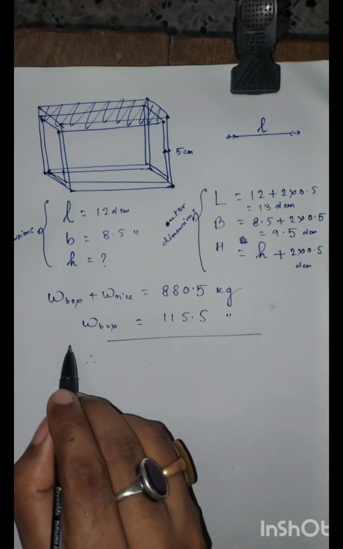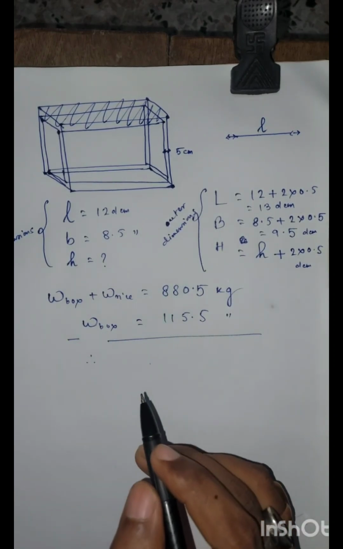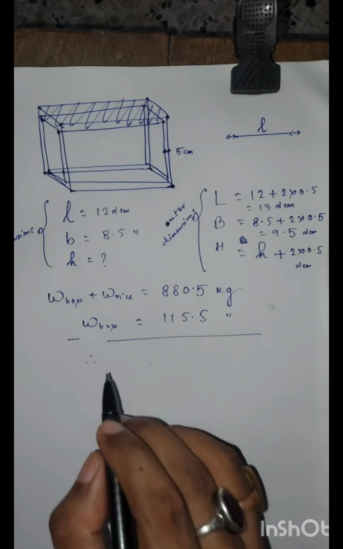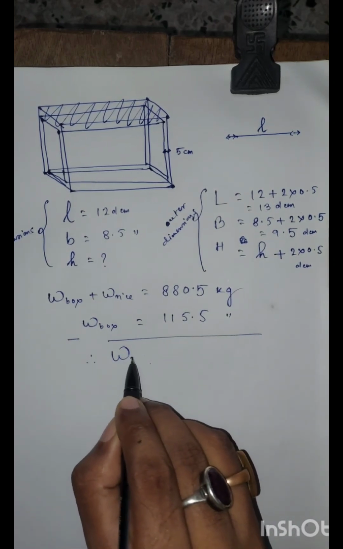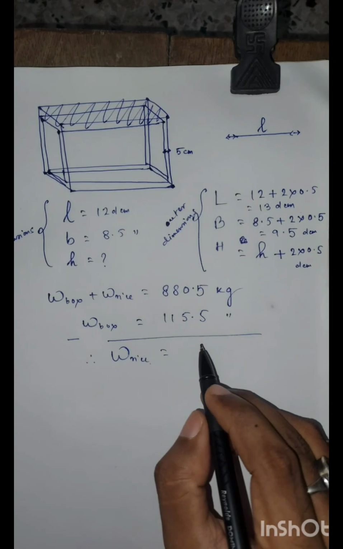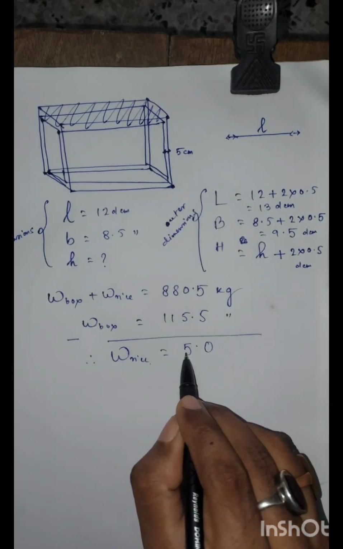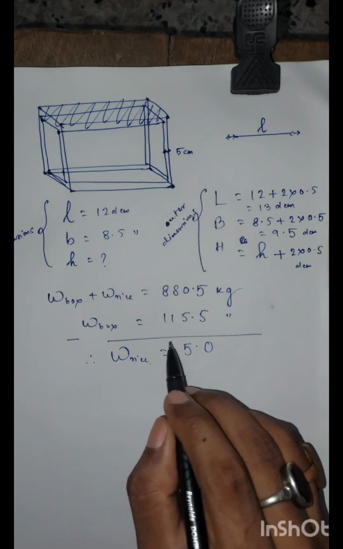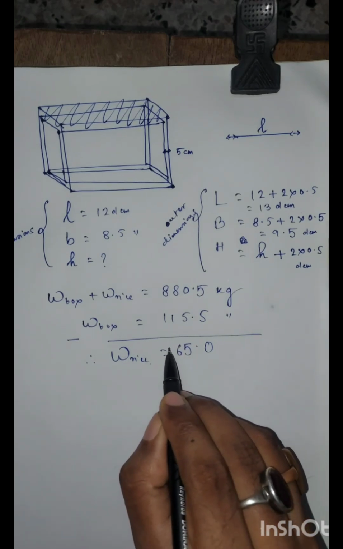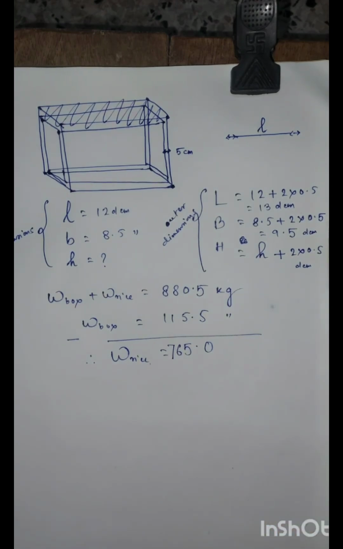Therefore, if we subtract this from the first equation, we are getting the weight of rice. So 765 kg.